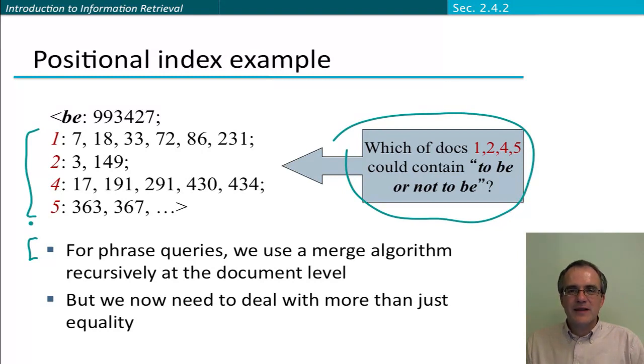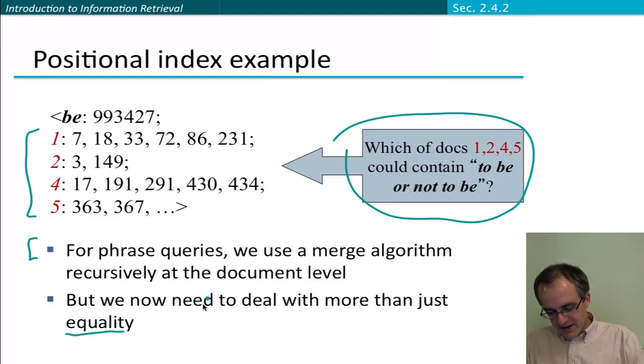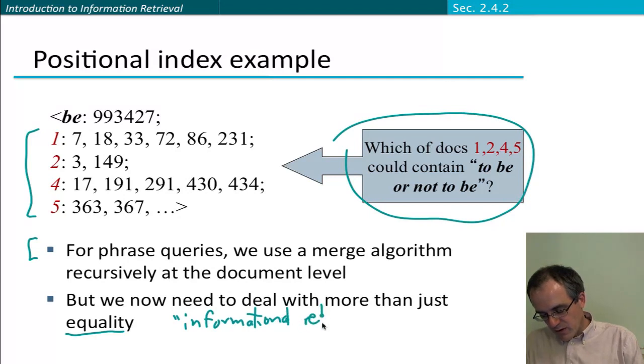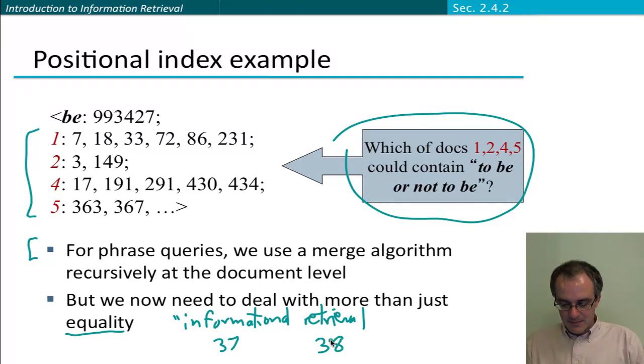And so that means that we need to deal with a bit more than just equality. So for example, if we're wanting to find instances of the phrase information retrieval, what we want is that if the word information occurs at position 37 in a certain document, you want retrieval appearing at position 38 in the document.